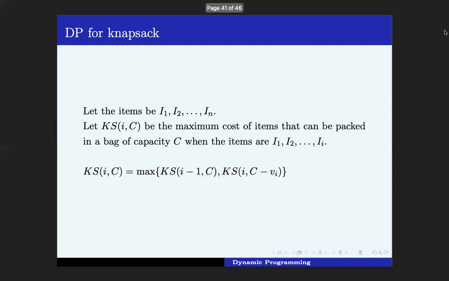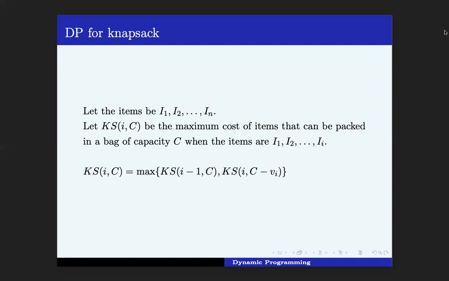But most interestingly, what is K(i, C)? There are two cases: you don't use the last item, the ith item.